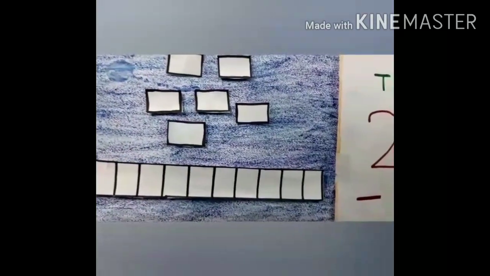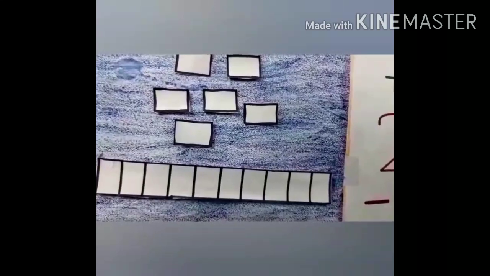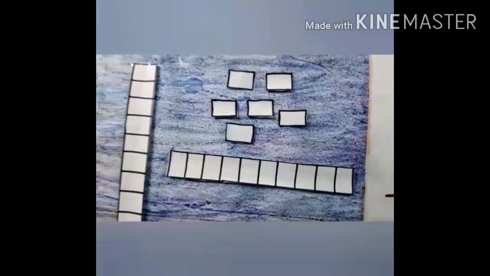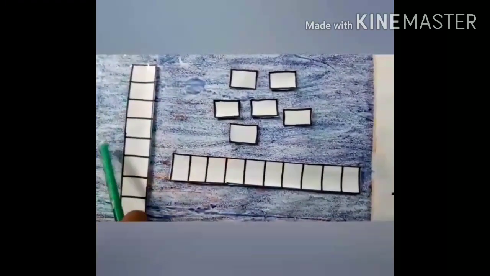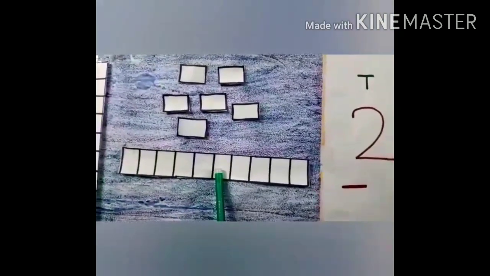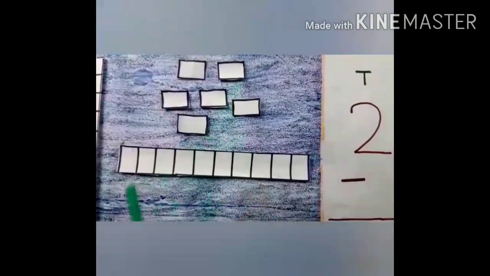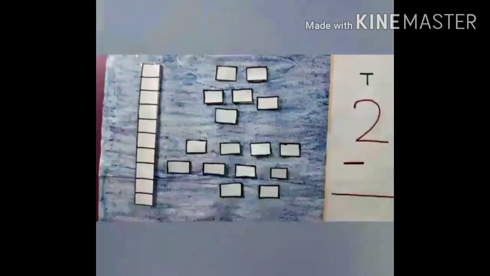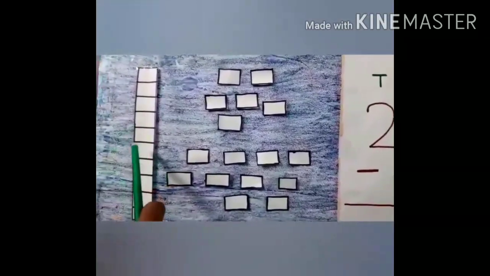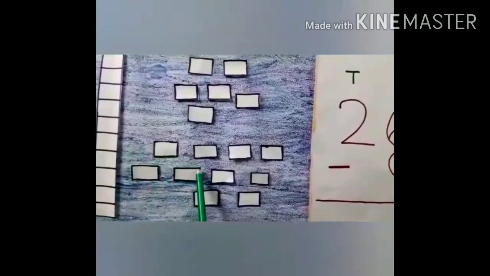Now see, children, from 2 tens I have borrowed 1. I had 2 tens here, and from that I have borrowed 1 ten. Now, students, look, I have taken 1 ten from here and regrouped it here in the ones place.